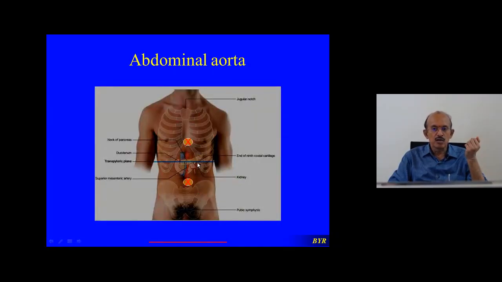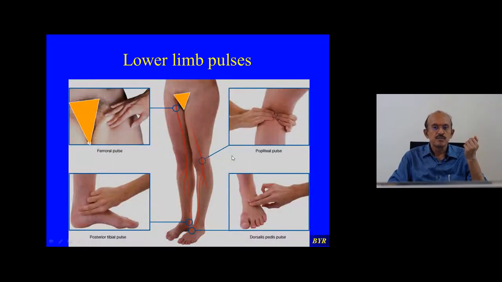Abdominal aorta, you can feel it just below the xiphisternum, or just below the umbilicus where it bifurcates. The lower limb vessels, the femoral artery is felt below the midinguinal point of the inguinal ligament. Popliteal artery is felt by making the patient flex the knee, and then you feel in the popliteal fossa.